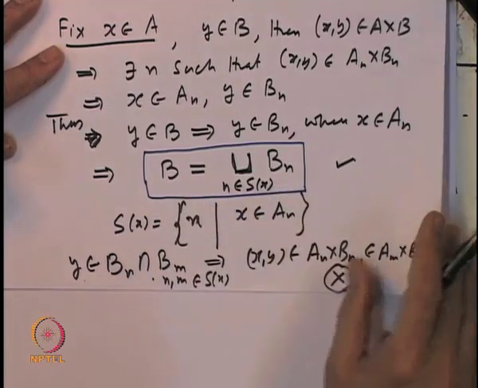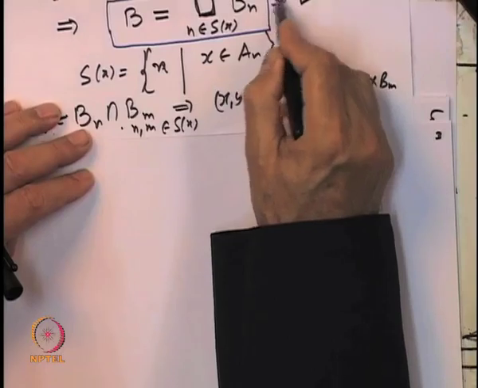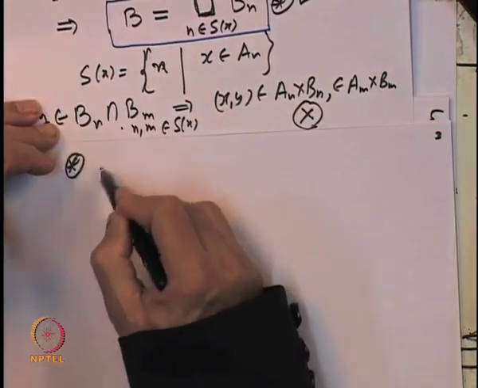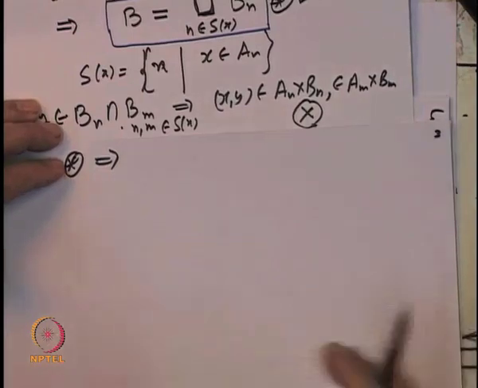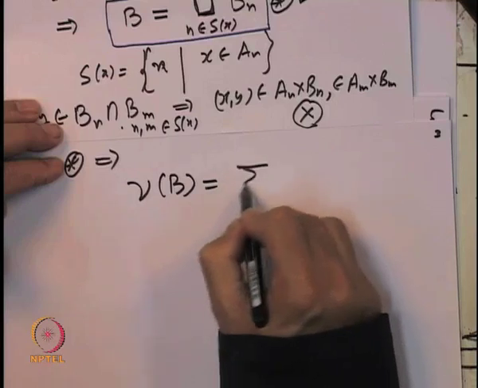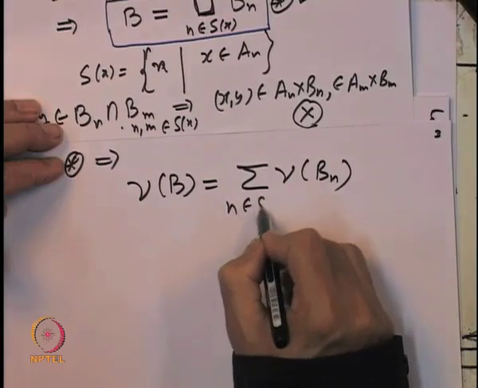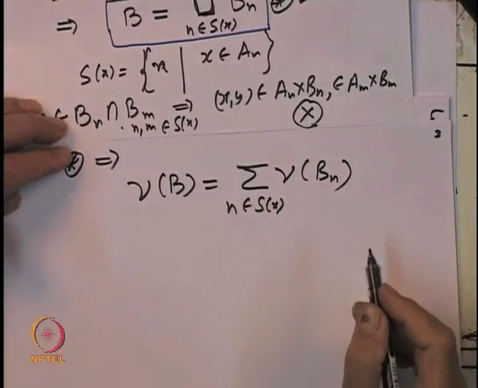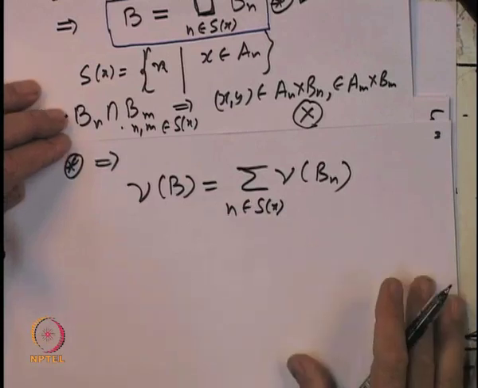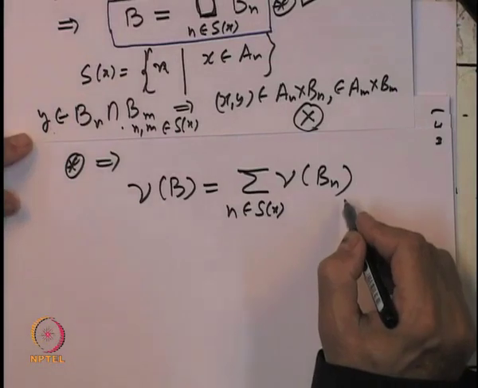So, this being disjoint, what we get, this star, implies namely that nu of B is equal to the summation of nu of B n's, where n belongs to S of x. Okay. Now I would like to transform this equation slightly.